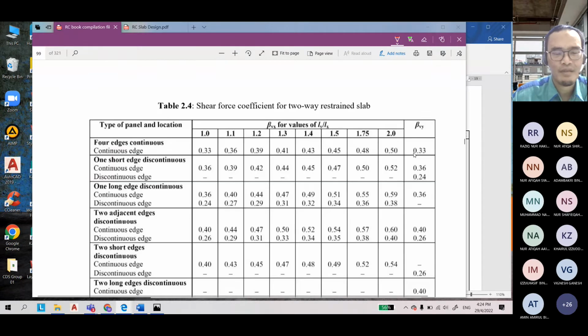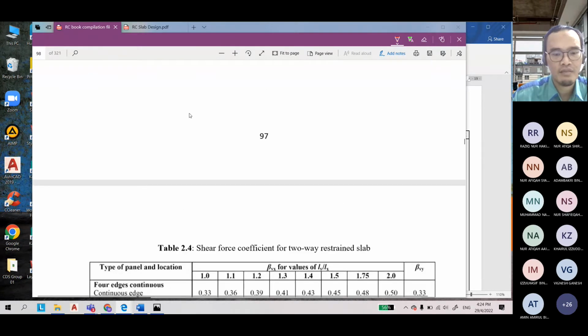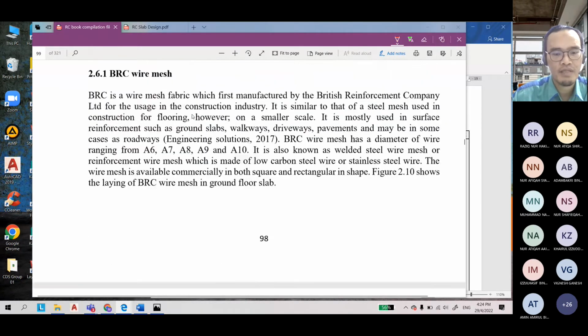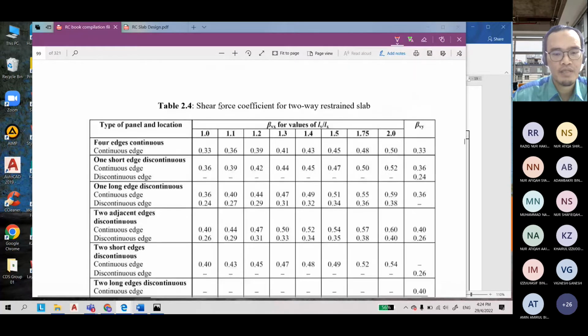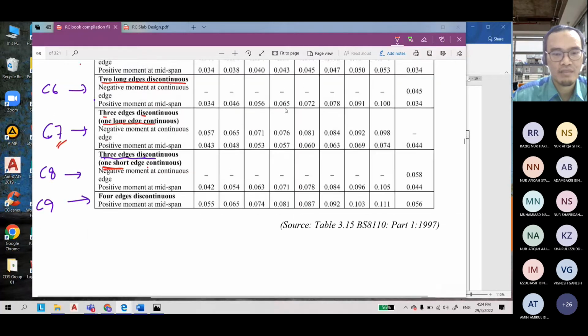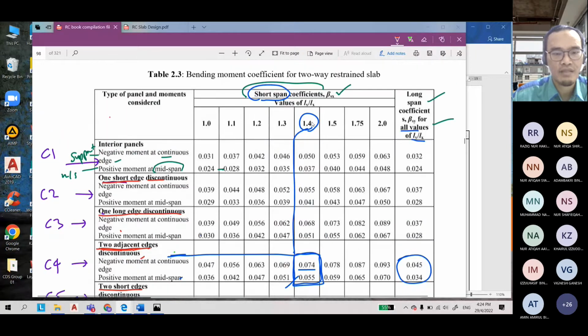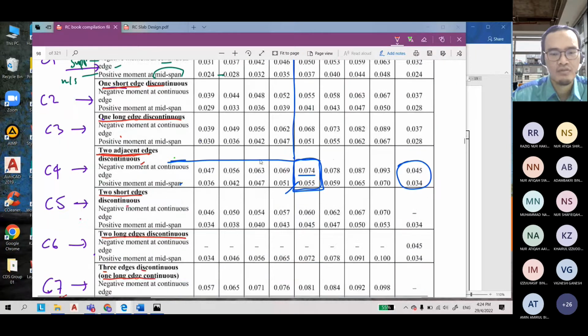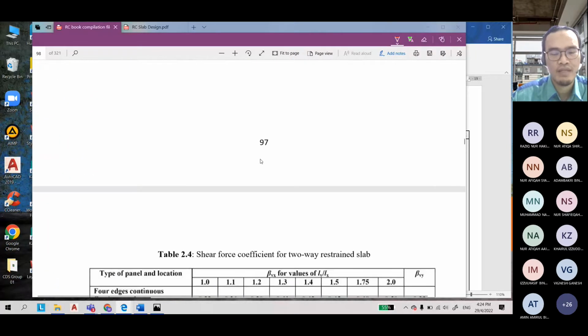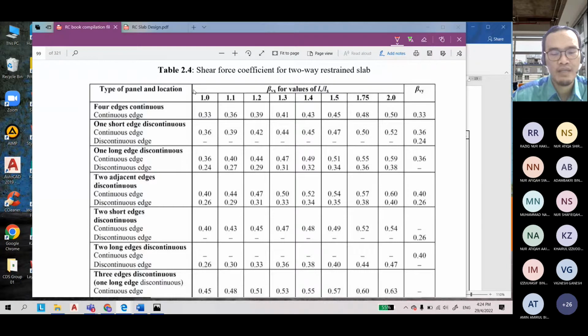Okay, from this table, this is from page 98 of your module. This is the shear force coefficient. Page 97 is the bending moment coefficient. Please don't confuse. So beta vx. The case is case number 4. So you select this one. This case number 4, 1.4 is our case.